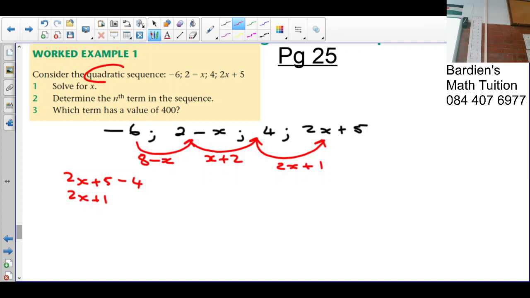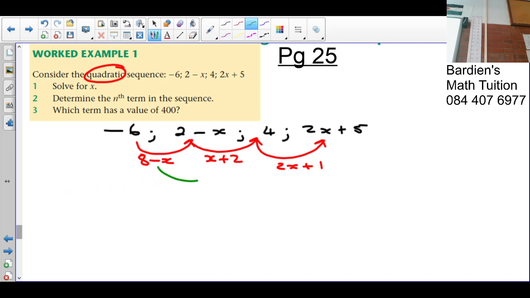It is quadratic. What is exclusive to quadratic patterns? Second common difference. The previous sum, the second common difference was what? Negative 4. That's the example I used. Okay? The first difference is given, so I need to go one step further.